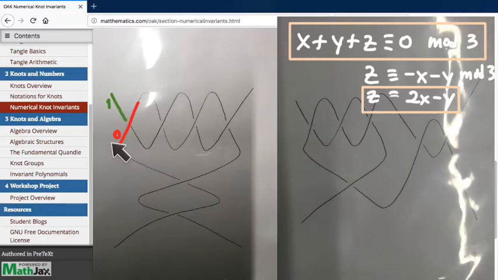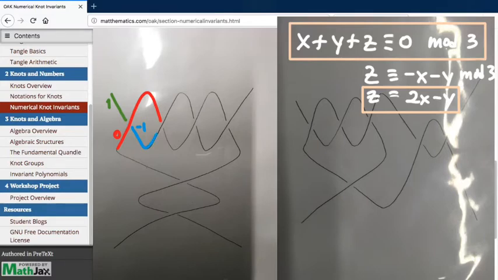Right? And how I get that color is I'll just take twice my x and subtract my y. So 2 times 0 minus 1. So that's going to give me another integer, -1, which I'll then label at this crossing. Okay. So already we're getting something that looks a little bit different, but let's sort of chase it through and see what happens, if at every crossing I apply that same logic.